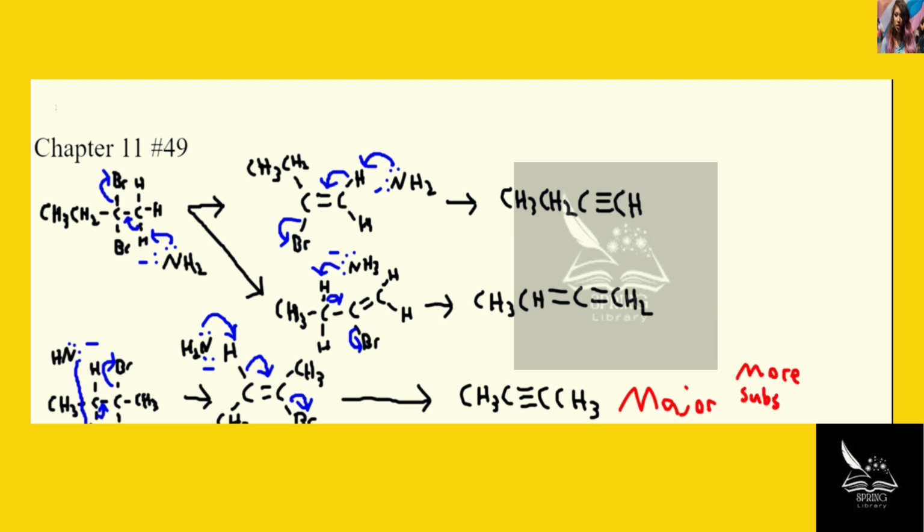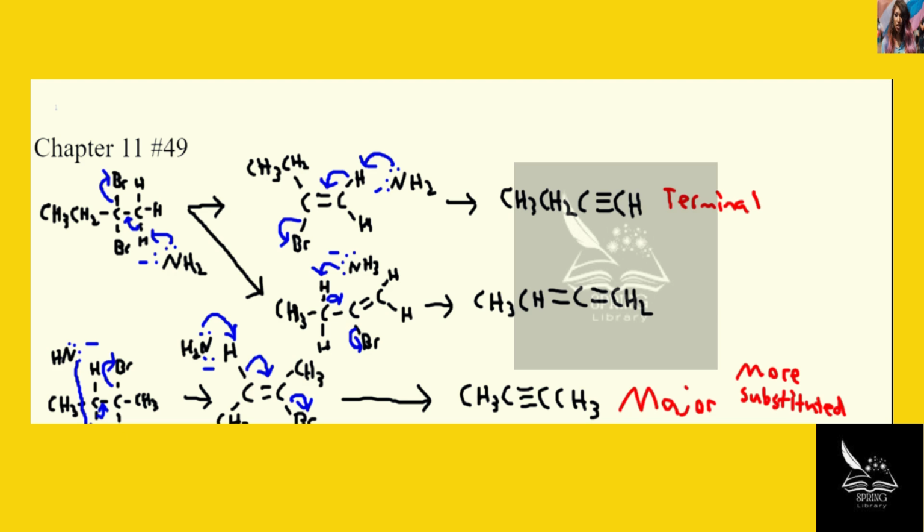So a more substituted alkyne is more stable. And so we are comparing a terminal alkyne, so this one is terminal up top here, to an interior. And so the interior is going to be more substituted, and that's going to mean it's more stable, and that's going to make it the major product here.